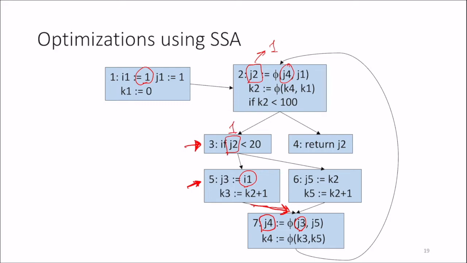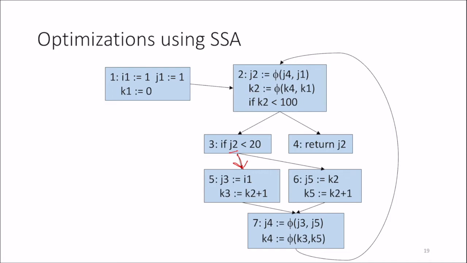So that's one possibility. In one possibility, if J2 is always going to be 1, then I will always go into this branch. This branch will always ensure that the value of J2 will actually be 1 every time. If I go into 5, then J2 will be locked at the value of 1.